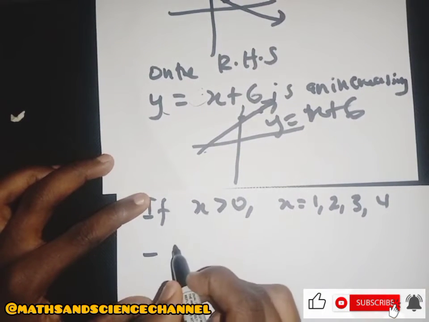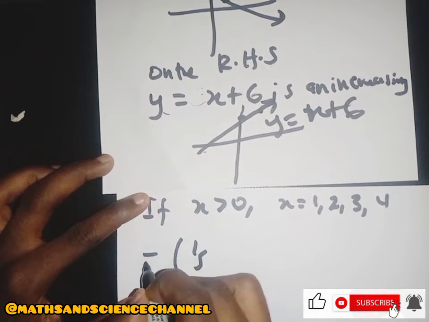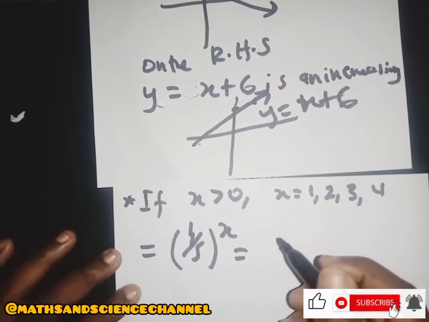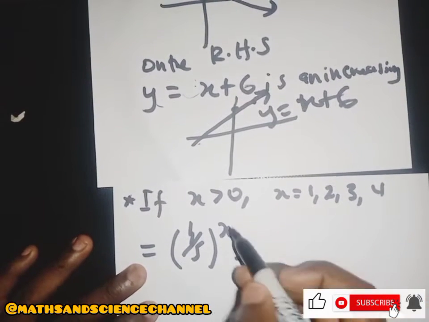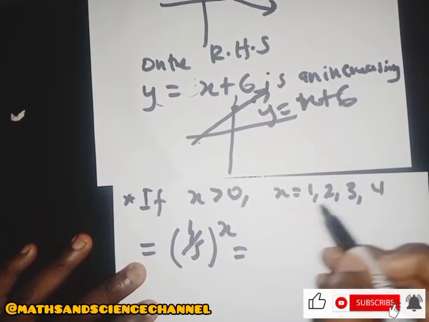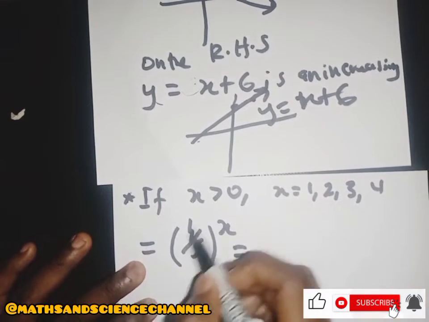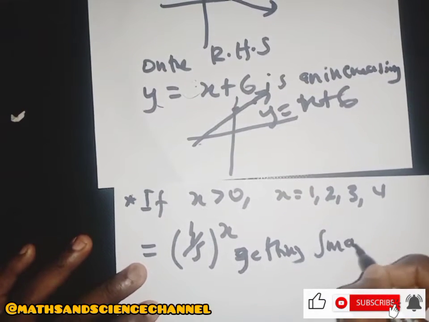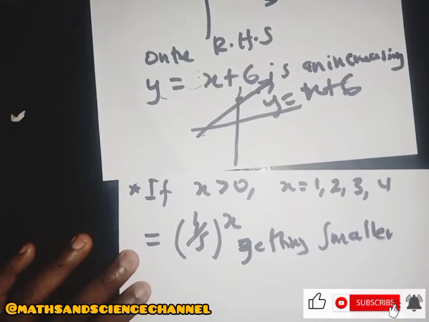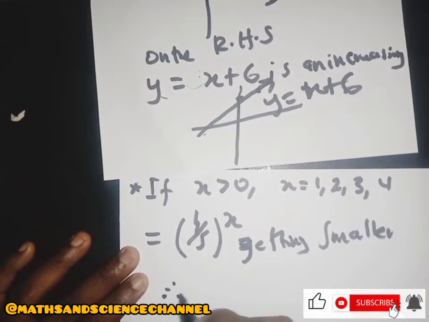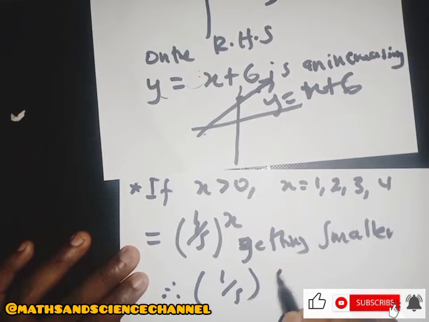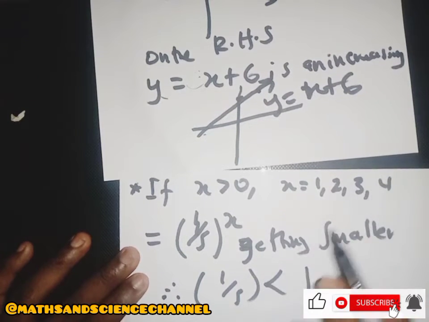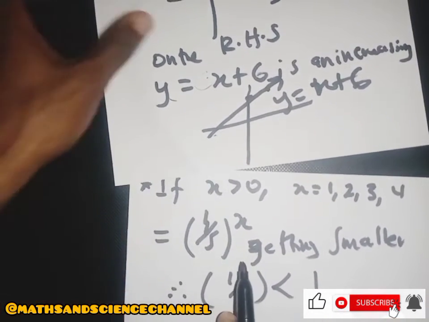When we consider the first function, (1/5)^x, we realize that it will be getting smaller as x is increasing, right? So it will be decreasing, and therefore we can say that (1/5)^x in this case will be less than 1. Why? Because if we put in values of x, you realize that the function here will be decreasing, right?